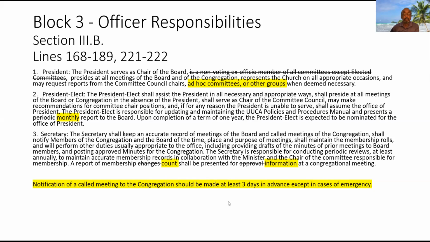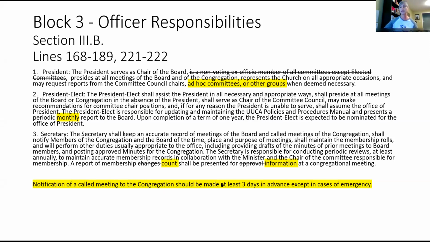The last item on the screen is regarding the officers as a whole, our notification timing to the congregation about a called meeting. A called meeting is one which is not the standard monthly meeting; it would be an extra meeting.